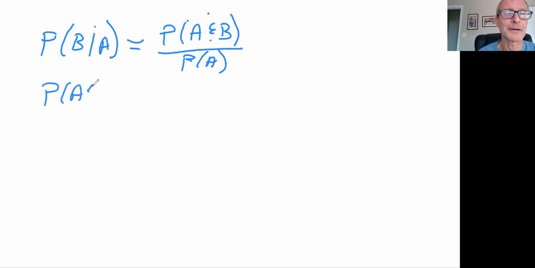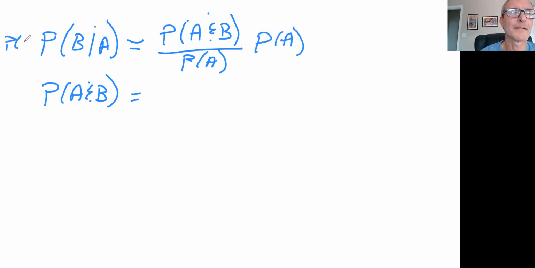Probability of A and B equals, if we multiply each side by the probability of A, these cancel, right? So that's this equals that.